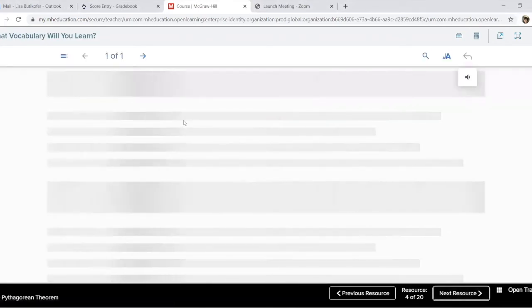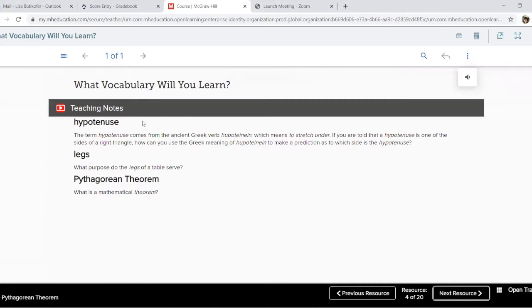The vocabulary we are going to use is hypotenuse, that's your C, that's your diagonal, the legs, and Pythagorean theorem.